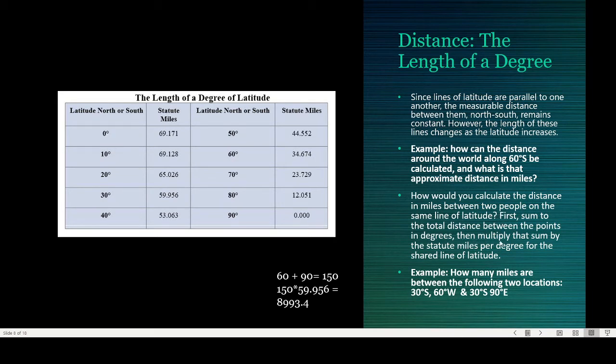Next, we multiply that sum by the statute miles for that line of latitude. We're at the same line of latitude, which is 30 degrees south, so we go to 30 degrees for the statute miles and multiply that with 150, and you get your value of 8,993.4. So this is how you would answer the question in your lab.